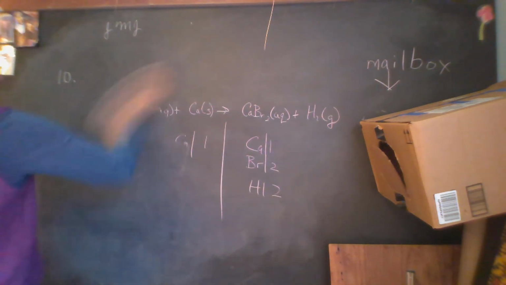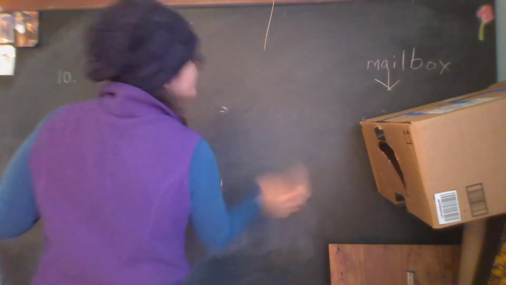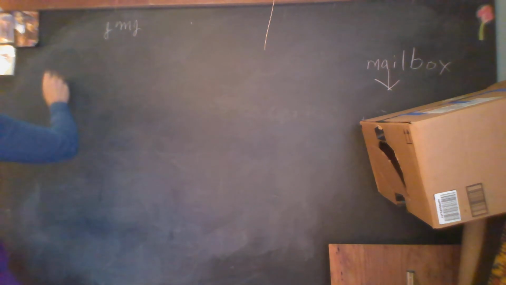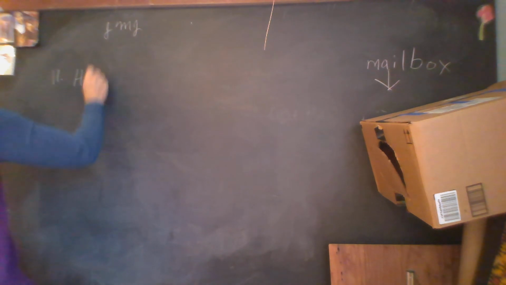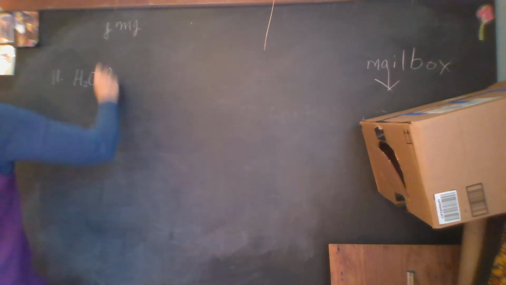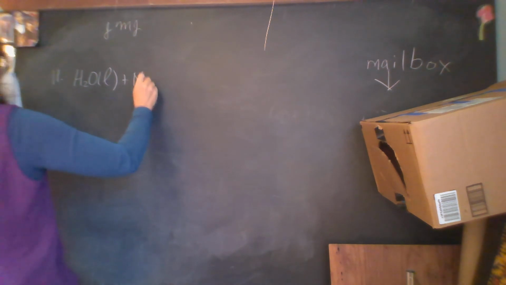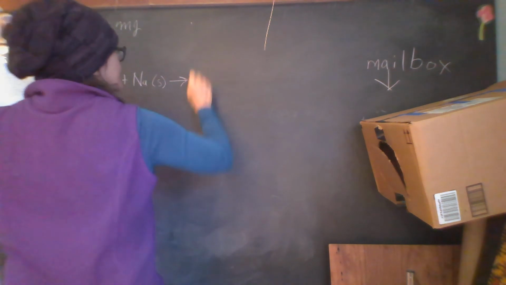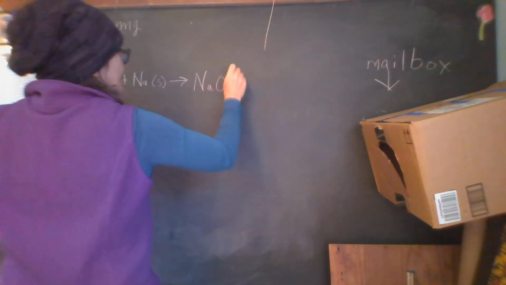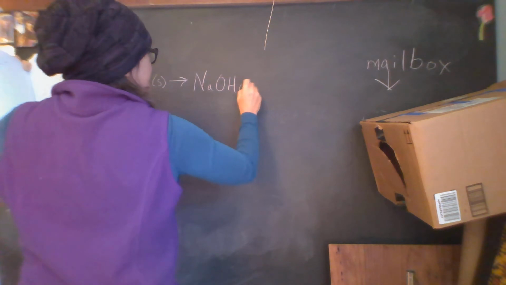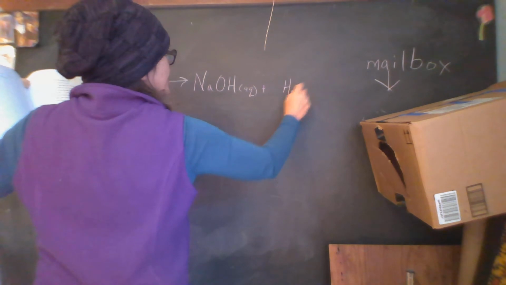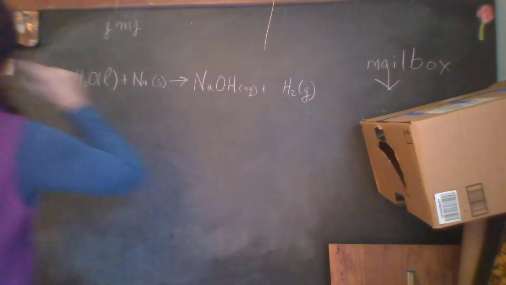Number 11 says to balance the equation. That tells us it isn't balanced. H2O, liquid, plus Na, sodium, solid, yields NaOH, sodium hydroxide, aqueous, plus hydrogen, H2, in a gas form.